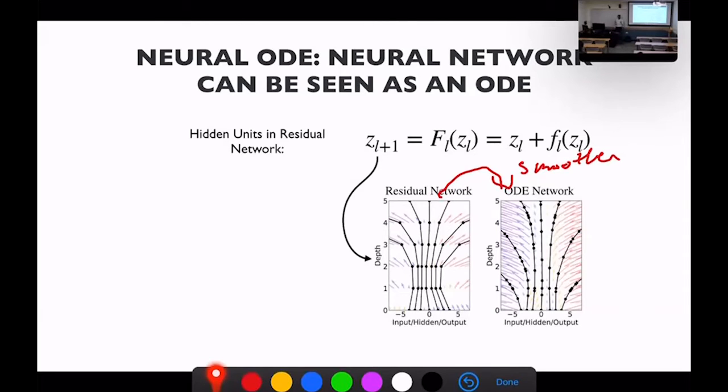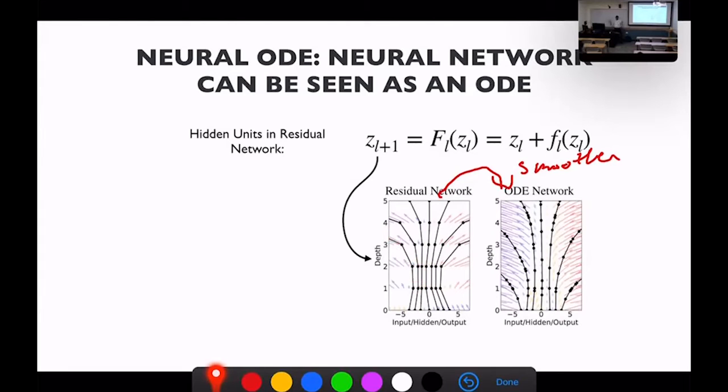What you're seeing in the plot is the same set of inputs. You have 7 inputs, and they get propagated as you go through the layers. An input that was -5 is now slightly less than -5 in layer 1, and so on.